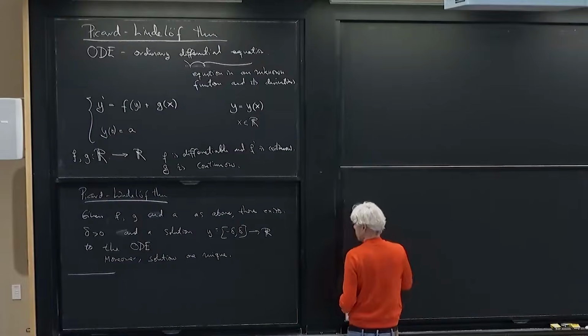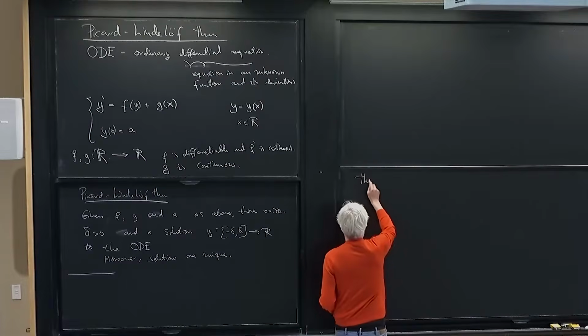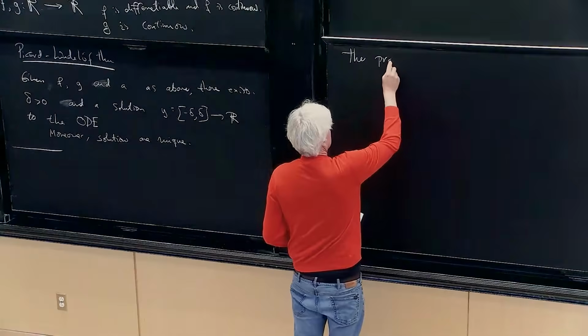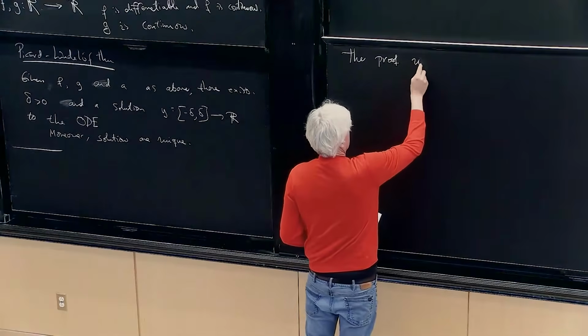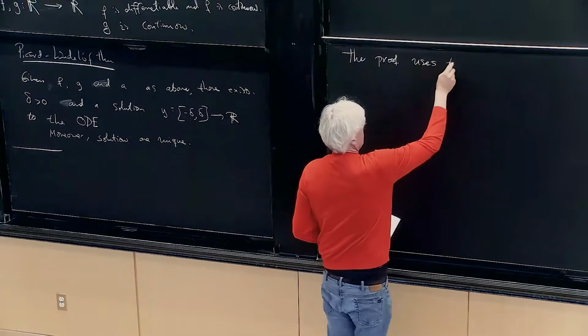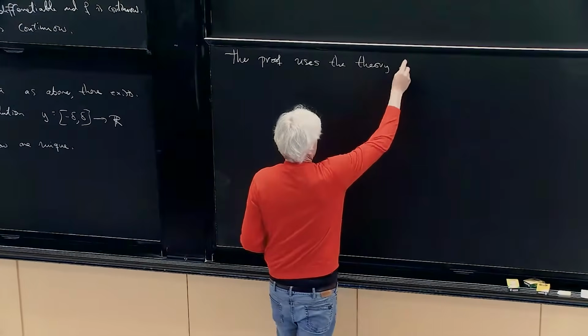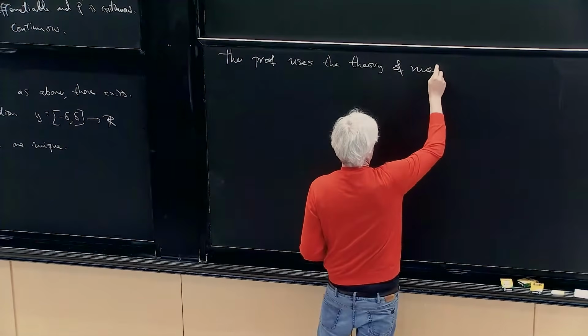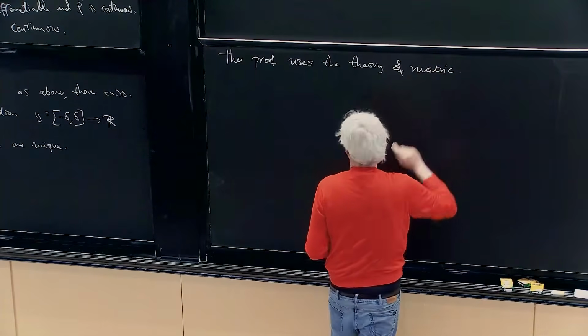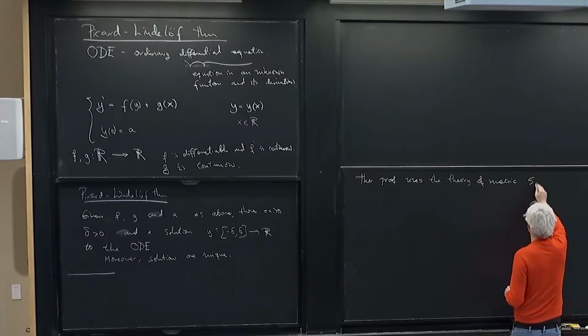So the proof uses the theory of metric spaces, which is sort of surprising because it seems to have nothing to do with metric spaces.